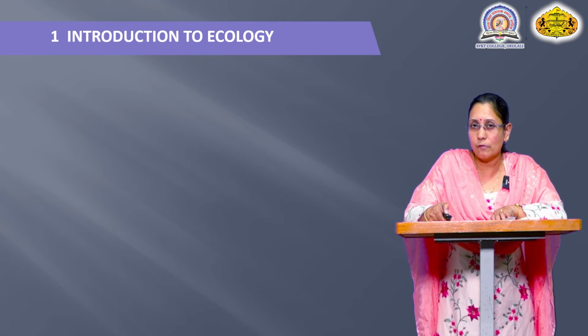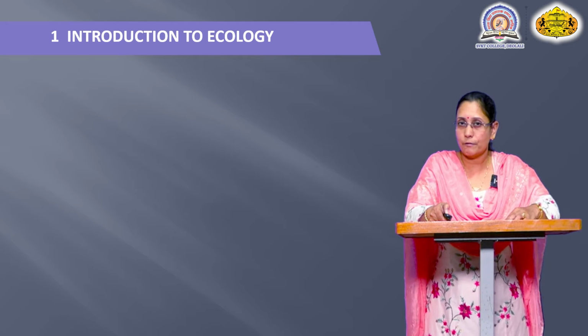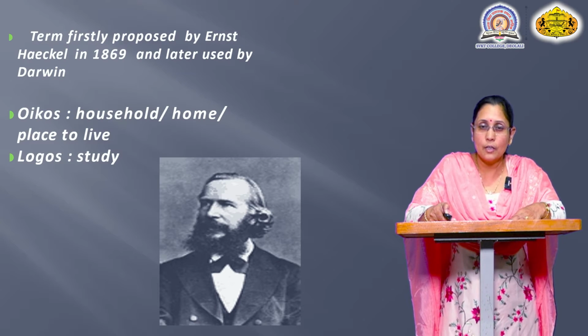Remember, in Introduction to Ecology, the first chapter of this syllabus, different terms are included. Before discussing these terms, we must know where this term originated. You can see the photograph of one scientist, Ernst Haeckel.